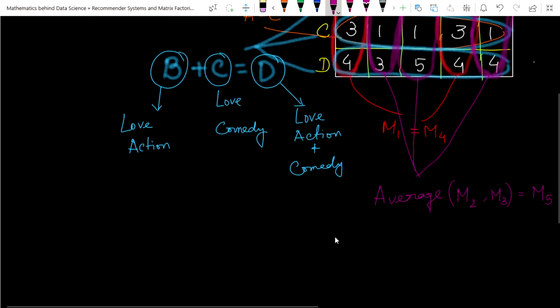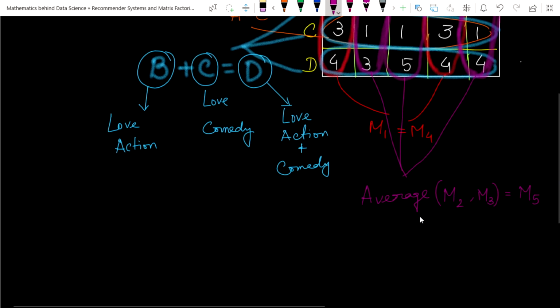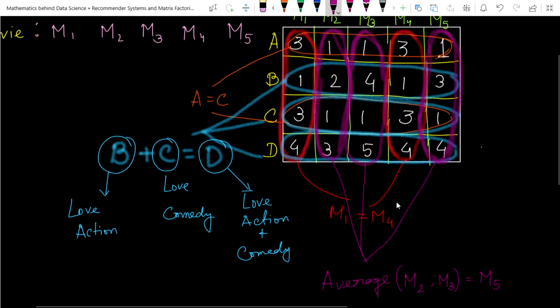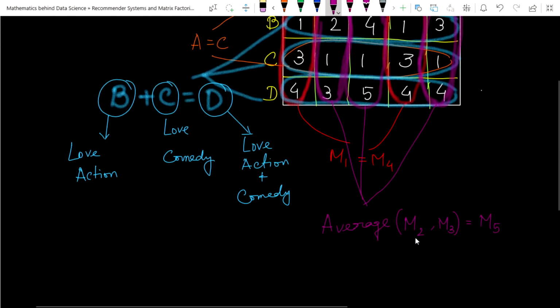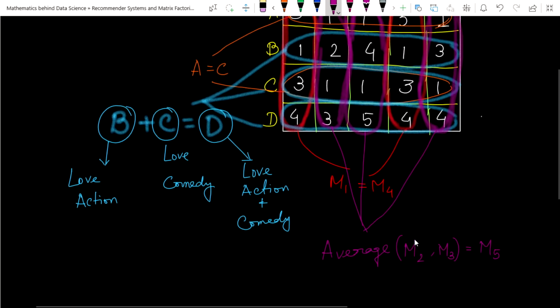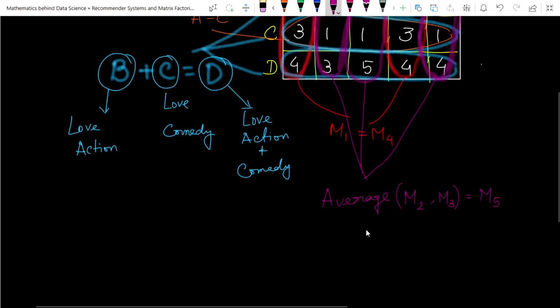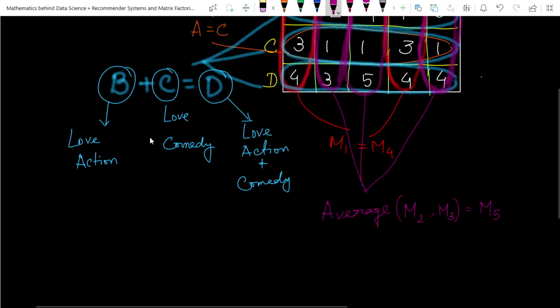That means what? That means the M5 movie is the average of M2 and M3. Okay, average of means, just see it here.